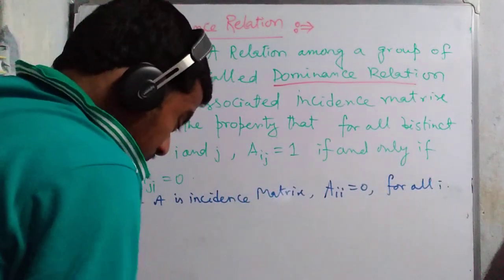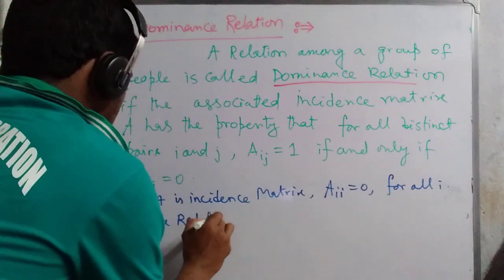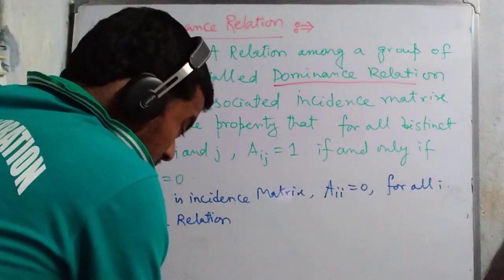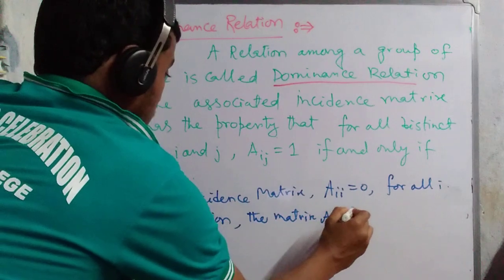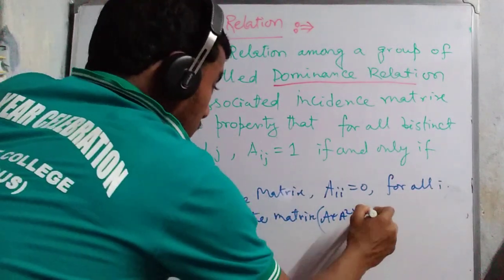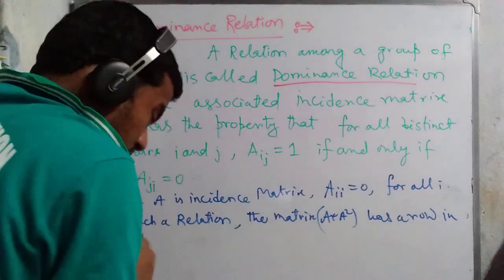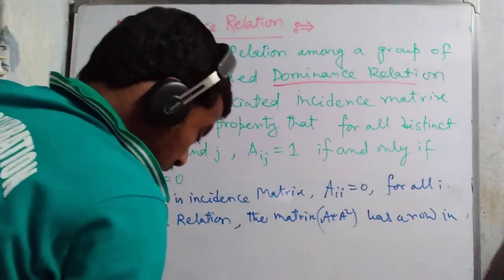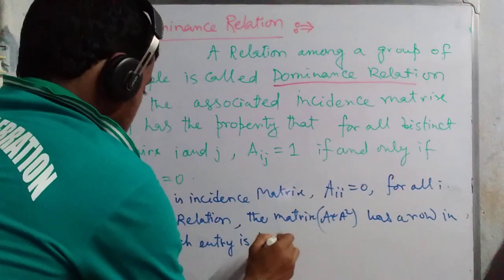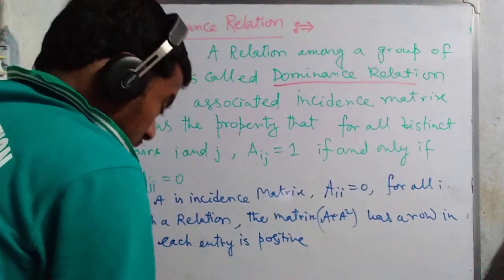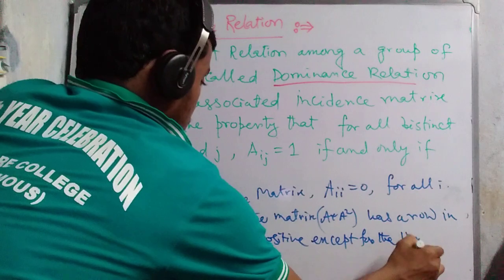And for such a relation, the matrix A plus A squared has a row in which each entry is positive, except for the diagonal entry.